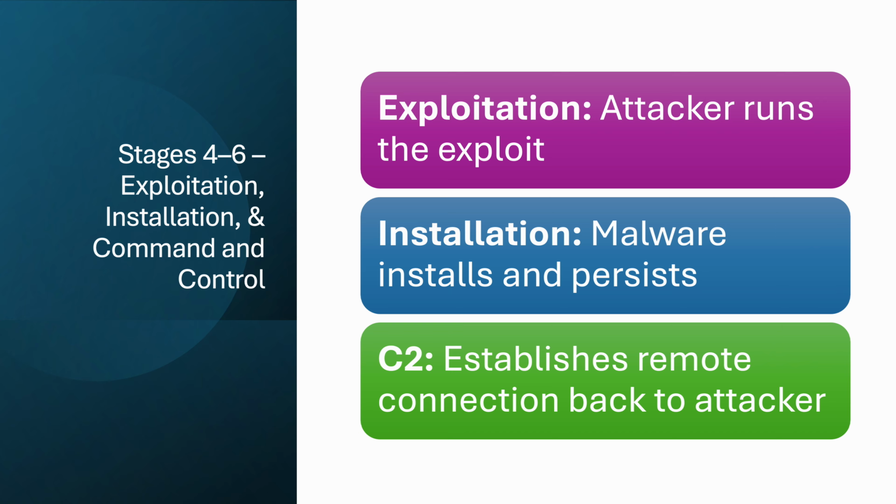Finally, we have command and control, often called C2, where the compromised system begins communicating back to the attacker's server. This is where defenders have a critical opportunity to detect unusual outbound traffic, suspicious processes, or unknown domains. EDR tools like SentinelOne or network monitoring platforms like Elastic can pick up on these behaviors and stop the attack from progressing any further.